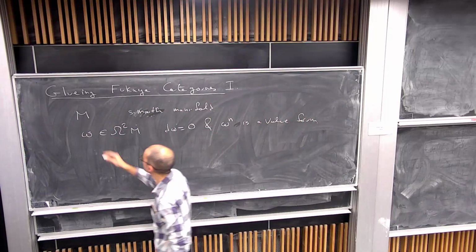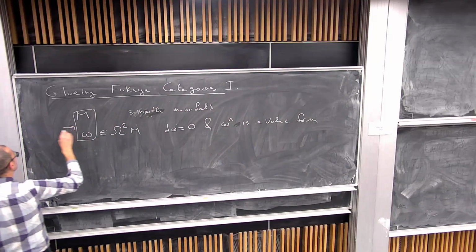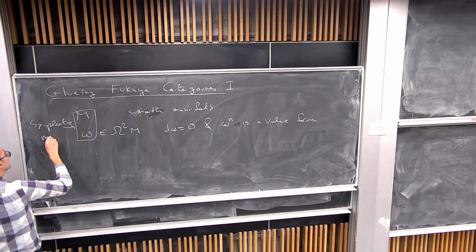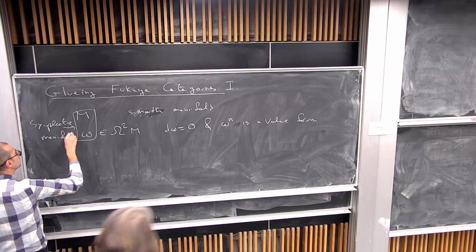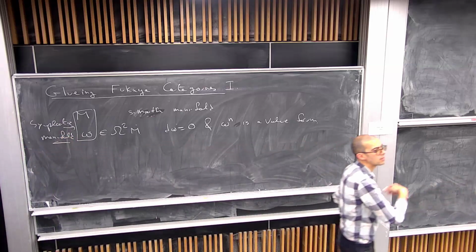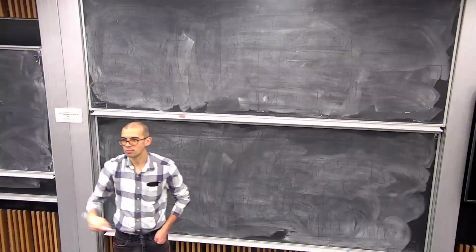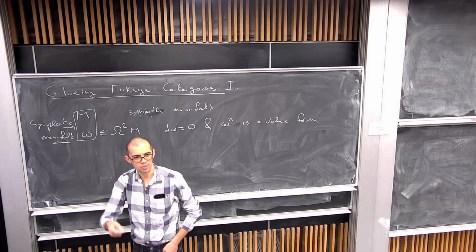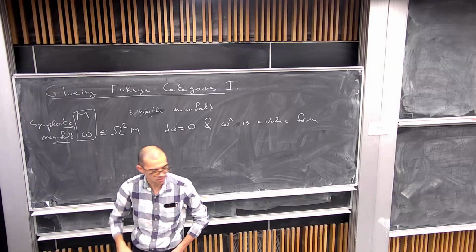And the pair (M, omega) is what we call a symplectic manifold. Okay, and there are going to be some examples appearing, and when the examples appear, I will say it's a symplectic manifold, and I will try to.